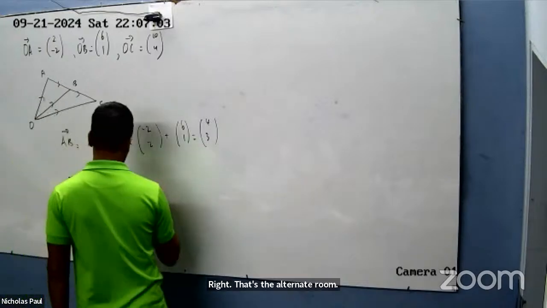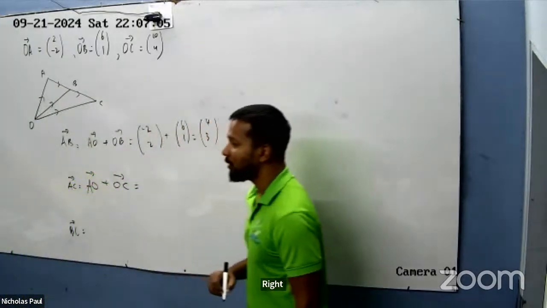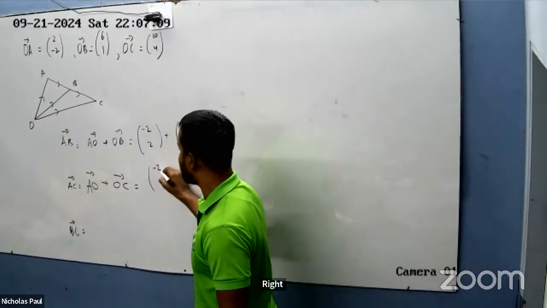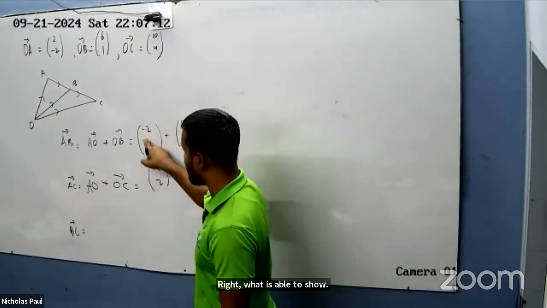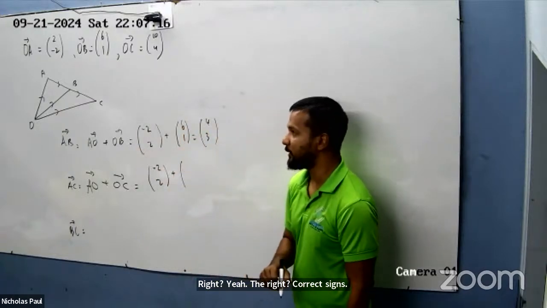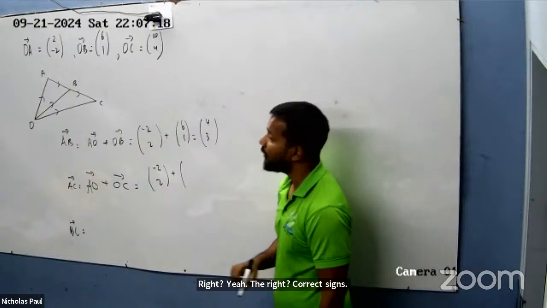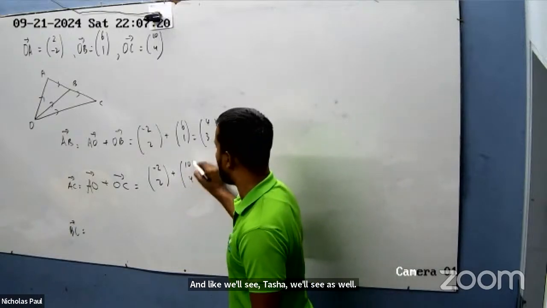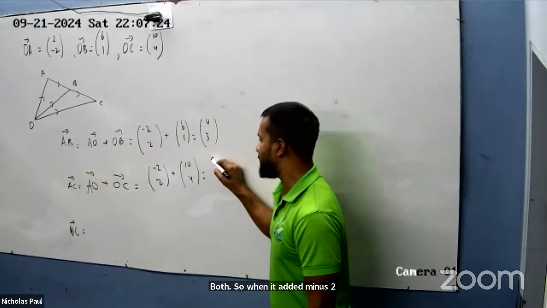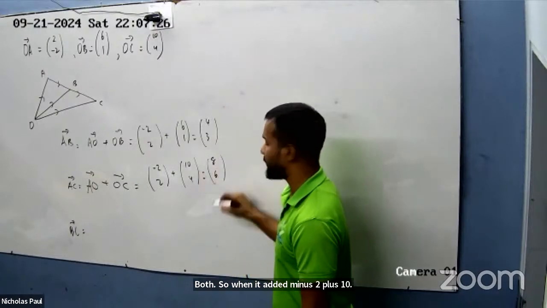What is AO? Negative 2, right? You have to write the correct signs. And what is OC? 10 and 4. So when you add it, minus 2 plus 10, that's 8, 2 plus 4, that's 6.